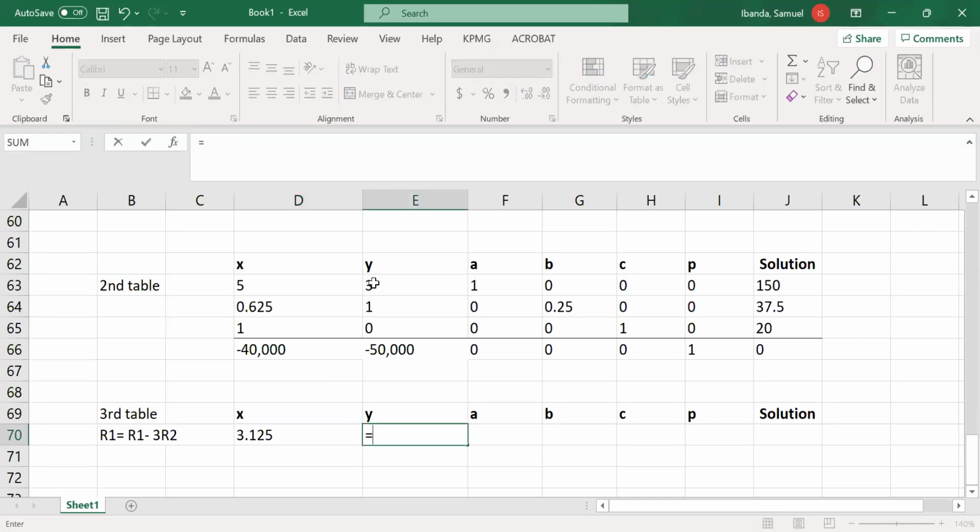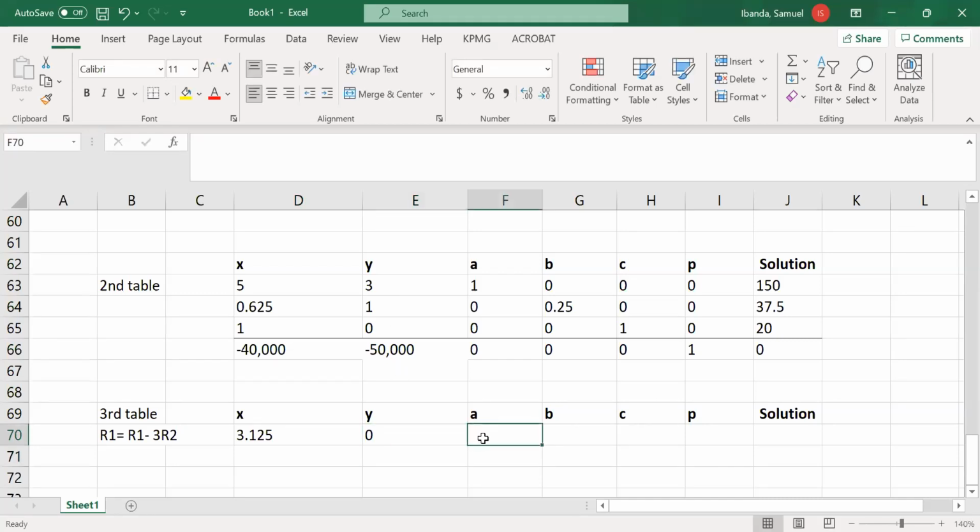This is 3 minus 3 times 1 because my row here is 1. So this will give me 0. And then this one here, this is 1. So it will be basically 1 minus 3 times 0 because the row 2 here is 0. So it will give you 1.